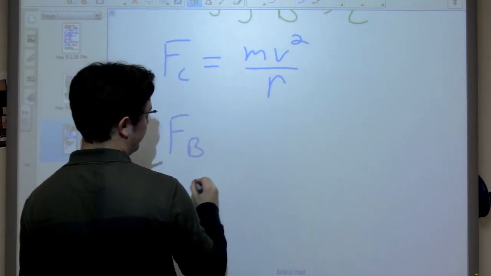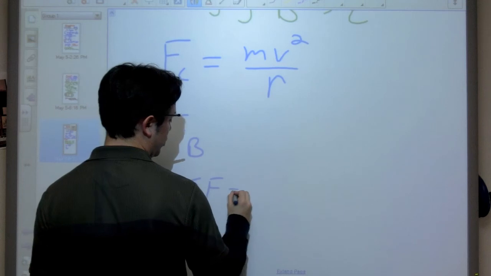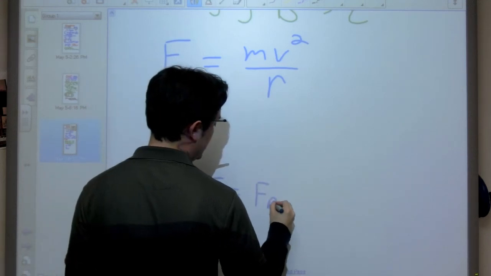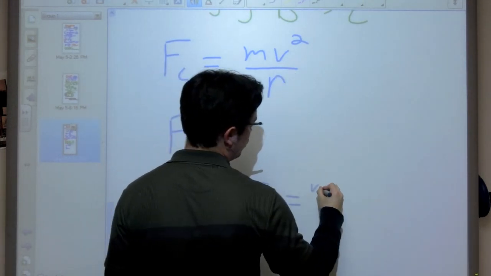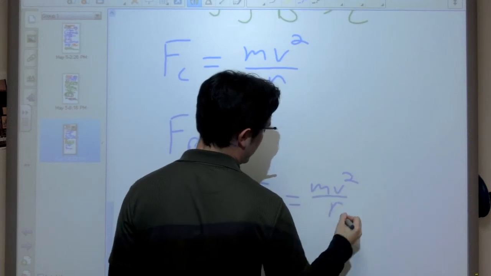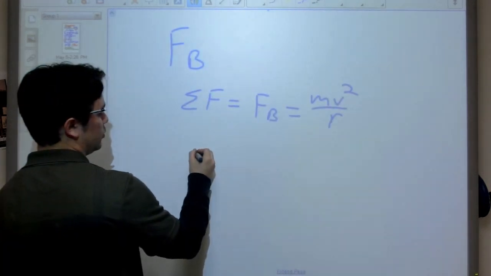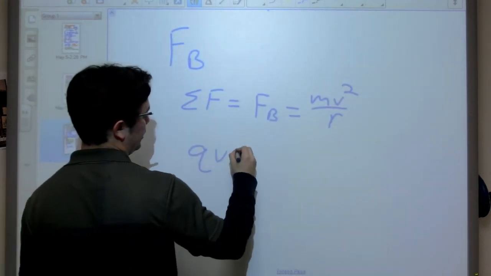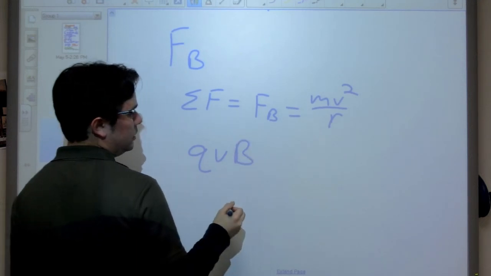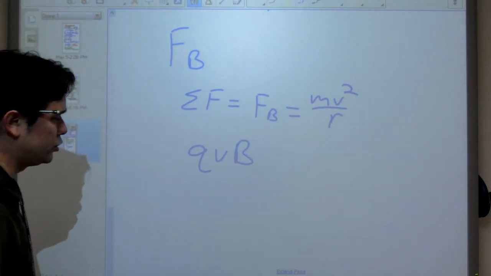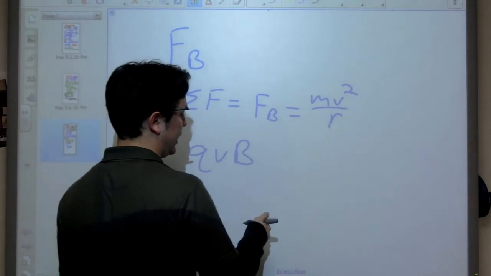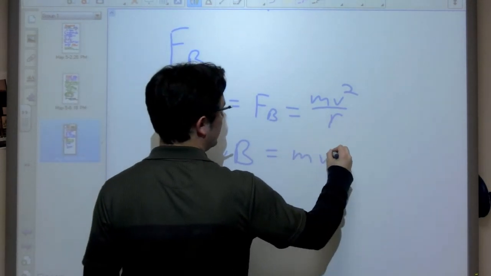You'll find that your sum of forces is equal to my Lorentz force, and therefore must be equal to my centripetal force, mv squared over r. I do that replacement. We're talking about a charged particle here, so qvB, assuming that the angles are nice right angles, equals mv squared over r.